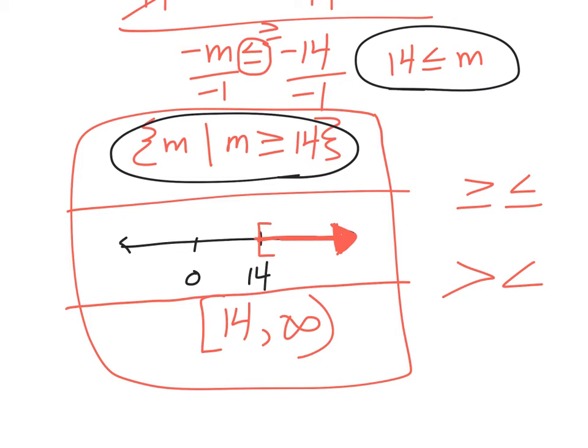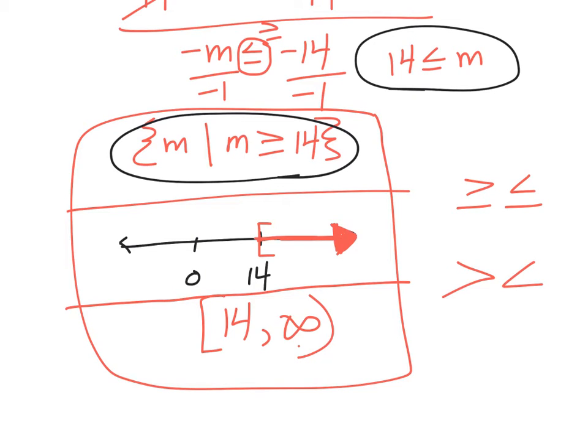Yes. For the second one? Anytime it's infinity or if it's negative infinity, it always gets a parenthesis. And the parenthesis means that it is not included. And if you think about it logically, how do you include infinity? It goes on forever. Right. So the bracket means it stops there, and then the parenthesis means no.